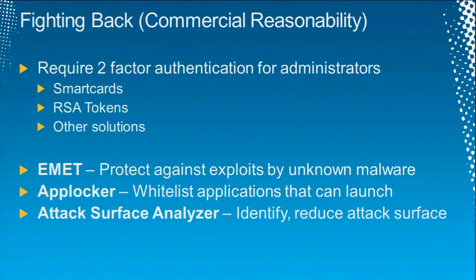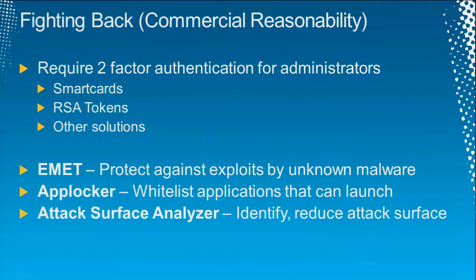So that next step, getting between due diligence and commercial reasonability, there are four recommendations, one of which we won't talk about in the talk, and the other three we will. Require two-factor authentication. Does everybody here know what the three factors of authentication are? Anybody not know? All right.